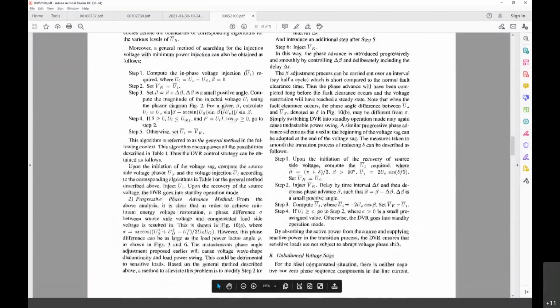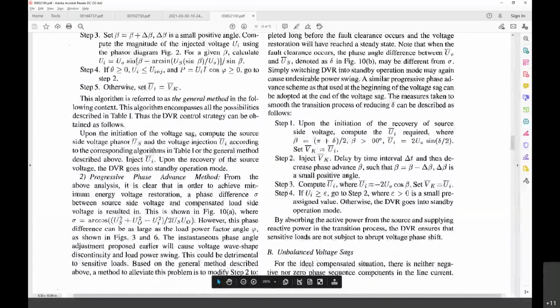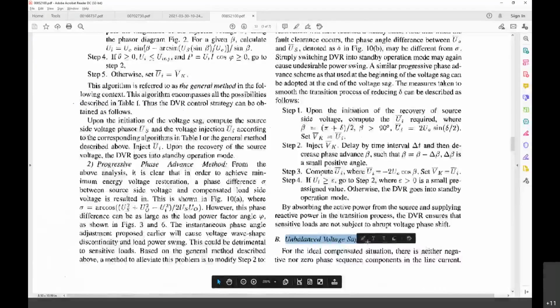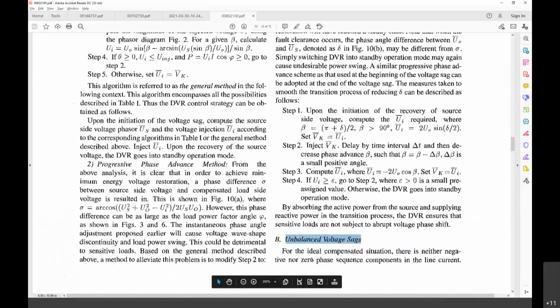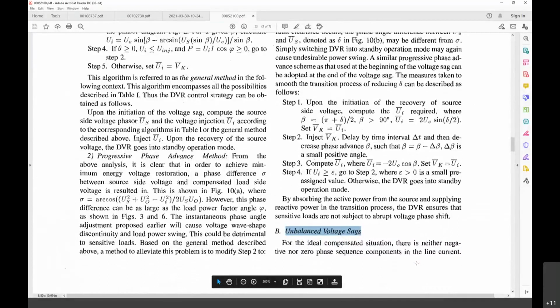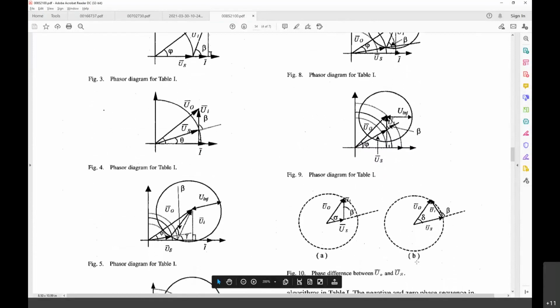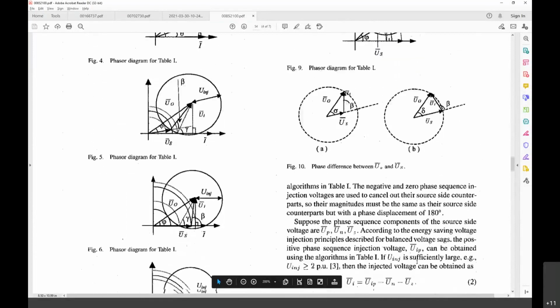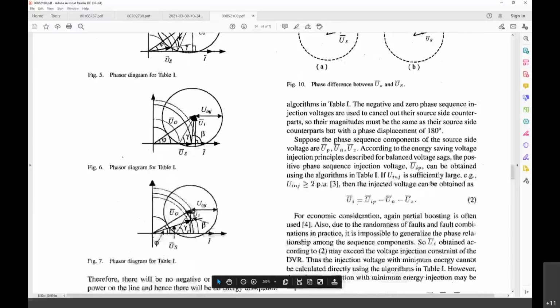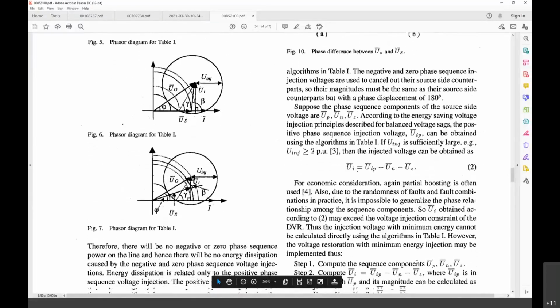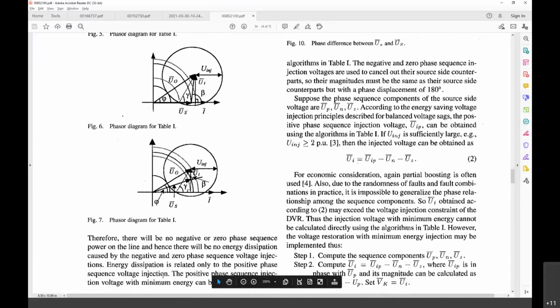Here, for the unbalanced voltage sag, for ideal compensation, there is neither negative nor zero sequence voltage in the line current. The point here is that energy dissipation is related only to the positive sequence voltage injection.